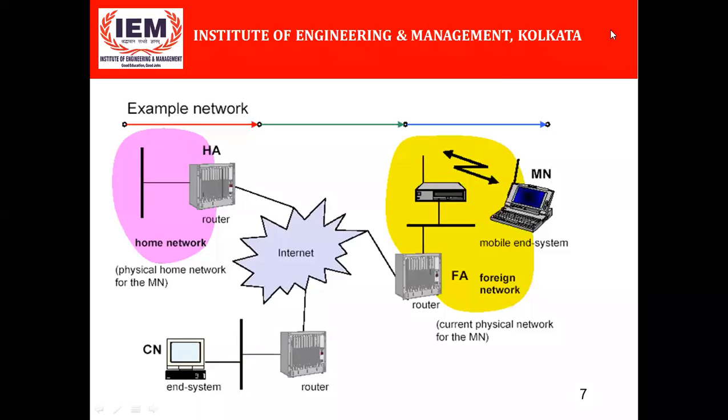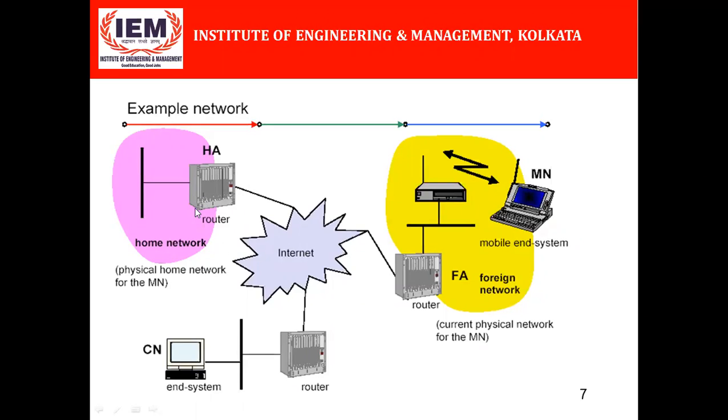In short, I want to mention the basic story behind the working strategy. Okay, next day I will tell you the main architecture, the basic protocol architecture and the communication way. But today I am going to tell you the working strategy. The correspondent node sends the data to the mobile node.